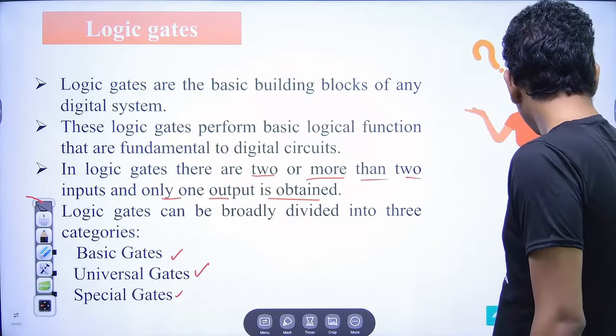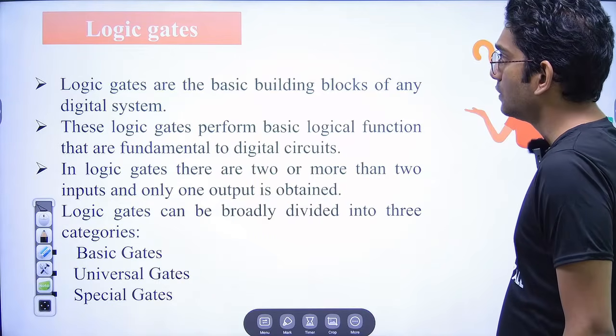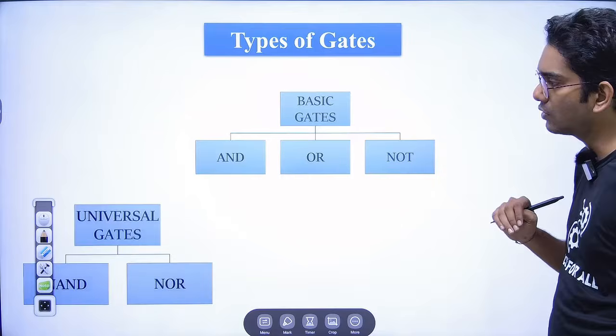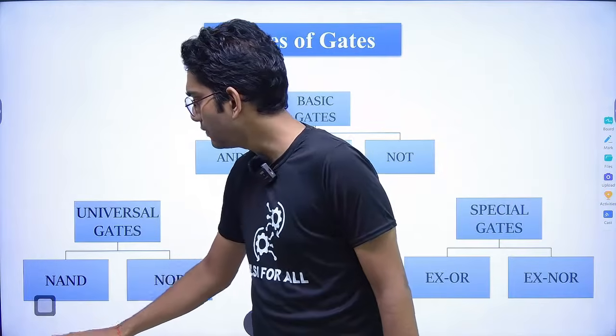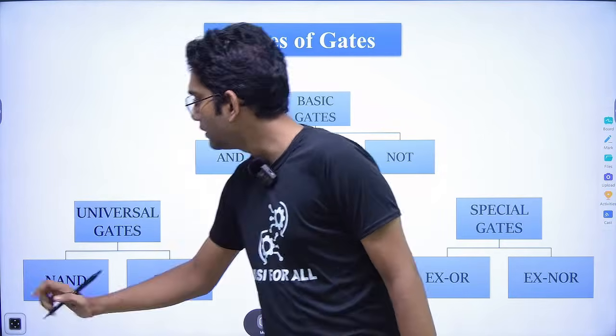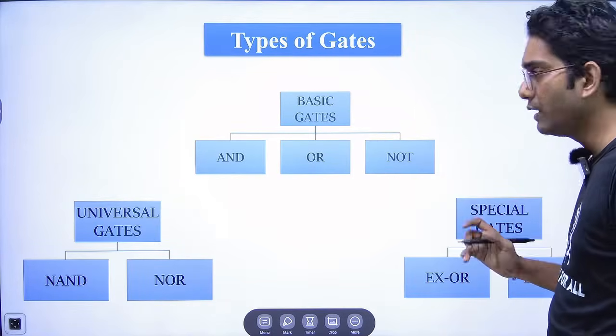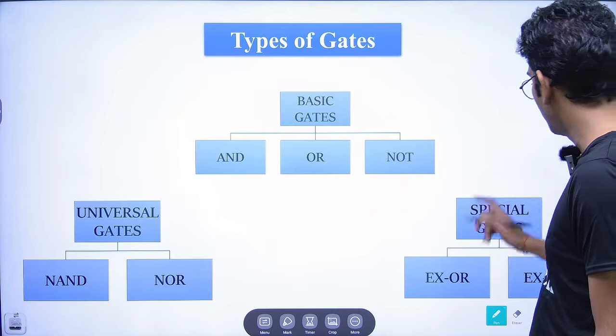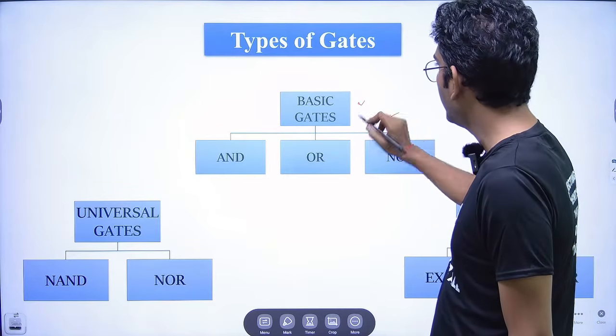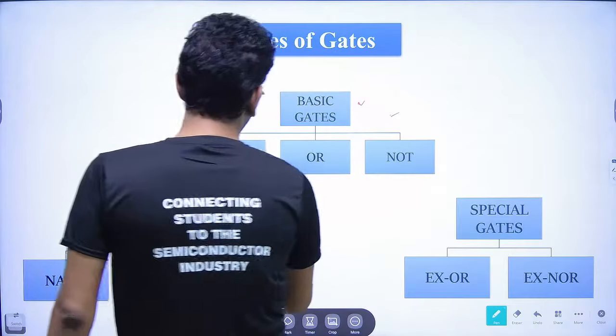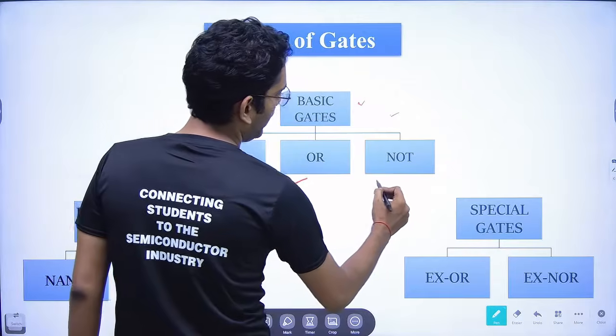Now, coming to the types of logic gates. There are three categories that I have told you just now. In the basic gate category, we have the AND gate, OR gate, and NOT gate.